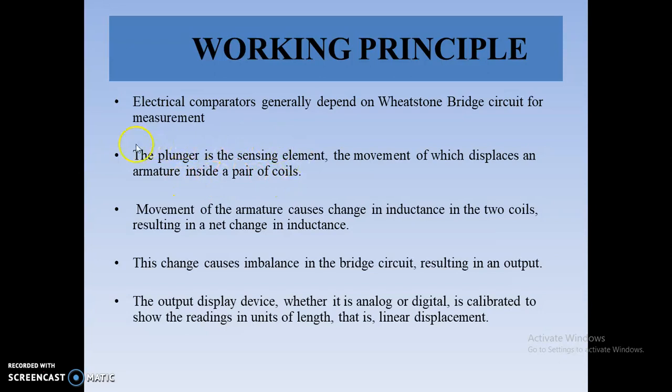So here it says the plunger is the sensing element, the movement of which displaces an armature inside a pair of coils. The movement of the armature causes change in inductance in the two coils, resulting in a net change in inductance.